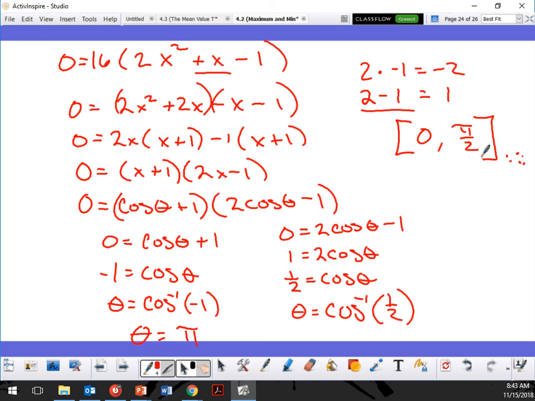Can I also throw out the pi? Is pi outside the interval? Yes, because my interval is only from 0 to pi over 2. That's only quadrant 1. So theta was pi over 3.